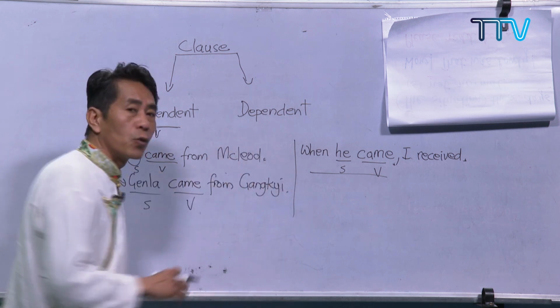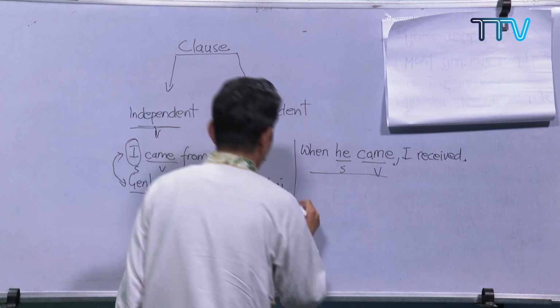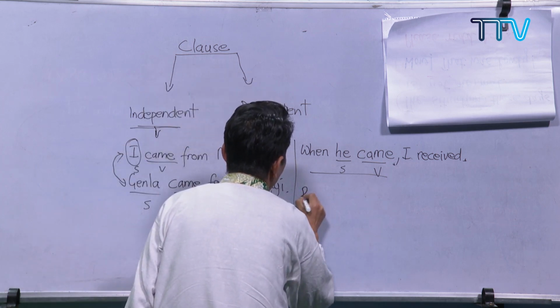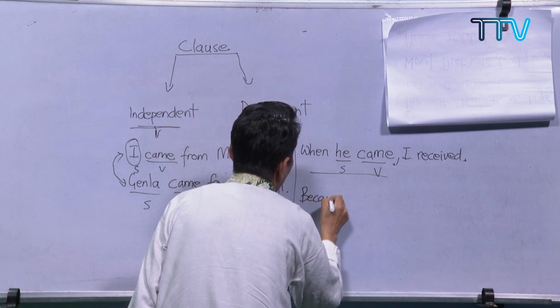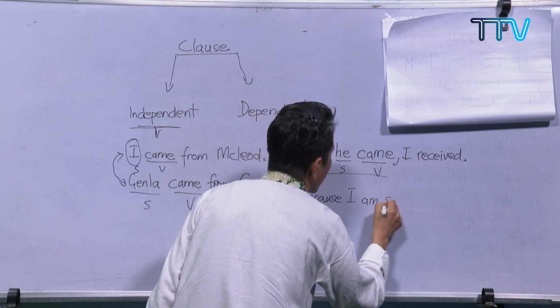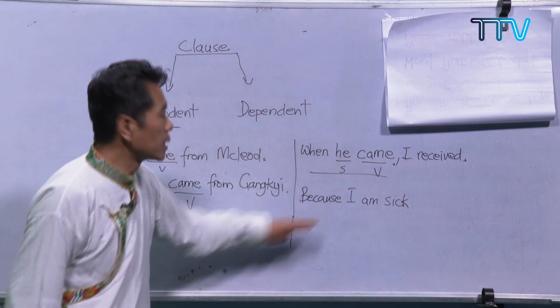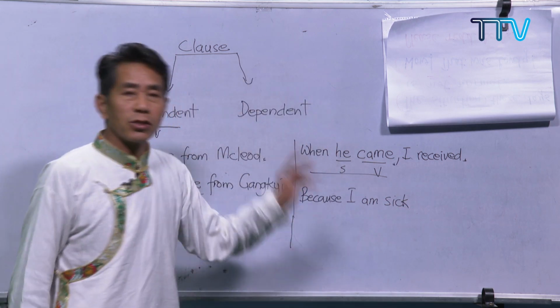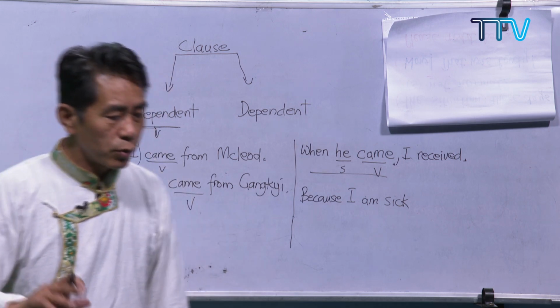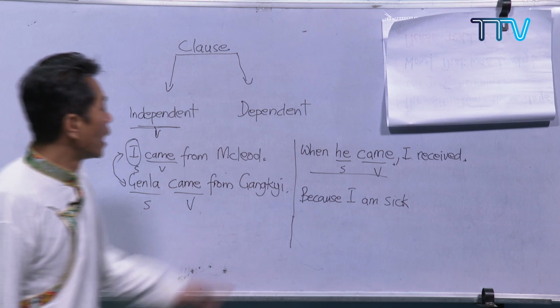Now if I give you another example of a dependent clause: Because I am sick. Now, if you look at this, is this a clause? This is my first question. Yes.